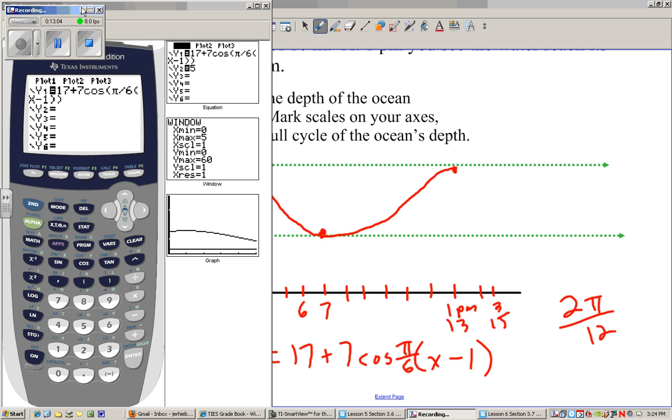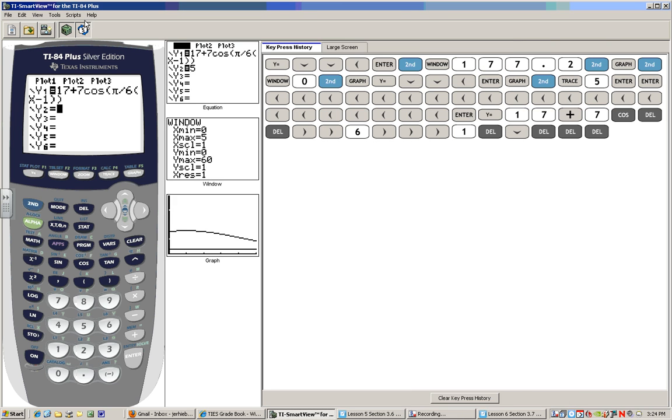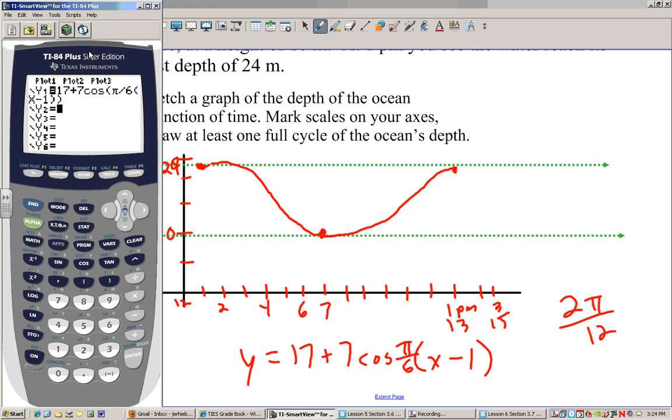All right, I have the equation in my calculator. And what I want to do is try to figure out a window that would work. And so I'll go from 0 to, say, 15 in my x, because that's what it looks like on this axis. And my y, I'll go from 0 to 25.